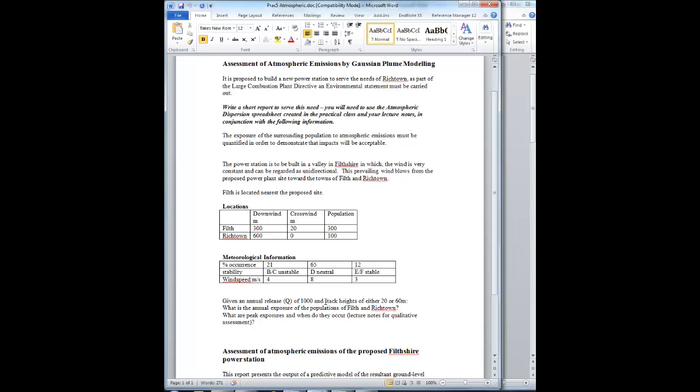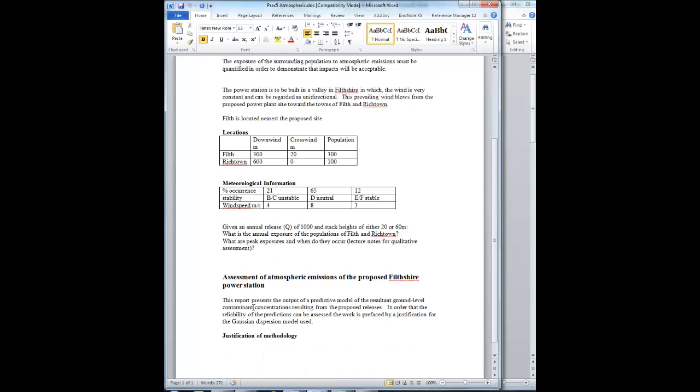That's the chimney. The stack is the chimney. They've got options of either building a 20 metre high or a 60 metre high stack. And there's a requirement to find out what the exposures are in the towns of Filth and Richtown, depending on whether you've got a 20 metre or a 60 metre stack.